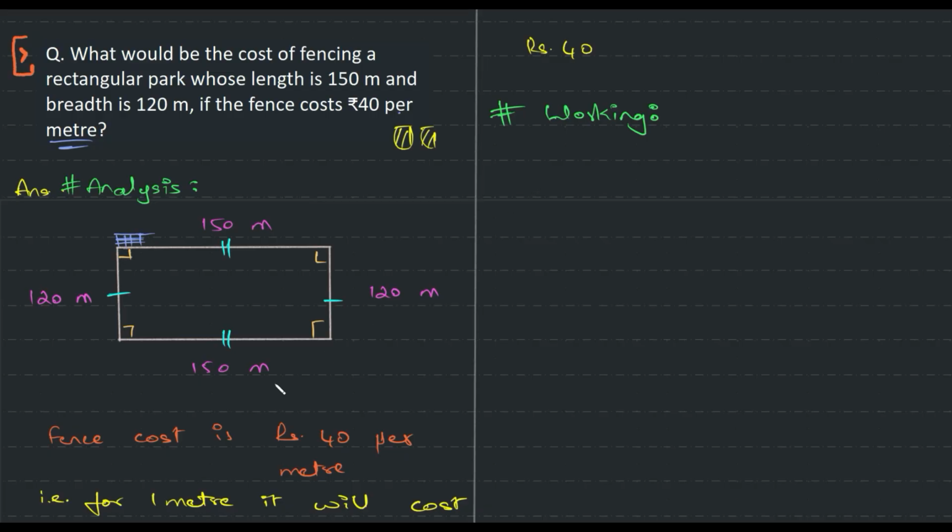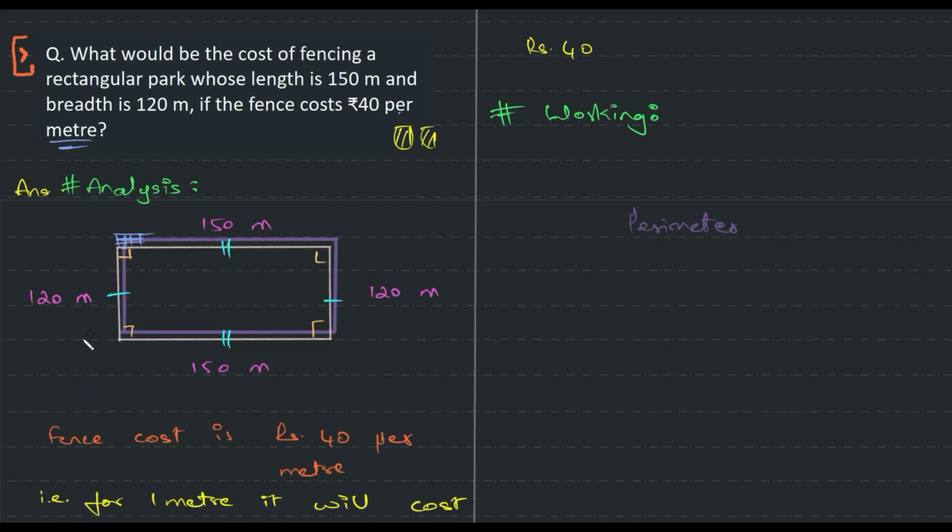So the steps. Well, basically, first we need to figure out the perimeter. Why? Think about it. For us to figure out how much money we have to spend fencing this entirety, if I have to fence this, I need to know how much I am fencing.